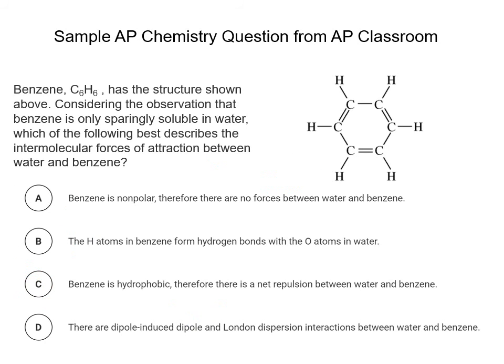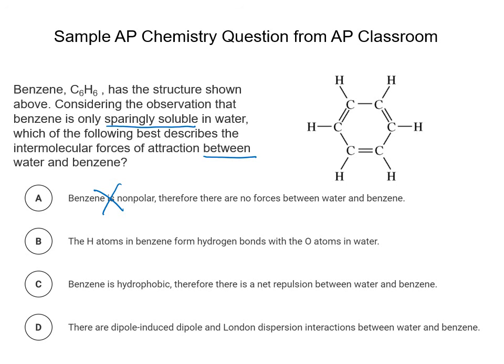Okay, next question. Benzene, C6H6, has the structure shown above. Considering the observations that benzene is only sparingly soluble in water, which of the following best describes the intermolecular forces of attraction between water and benzene? So they're saying there is an attraction. First, benzene is nonpolar because there are no forces between water and benzene. Well, they've just told us there's a force of attraction, so let's cross this one out.